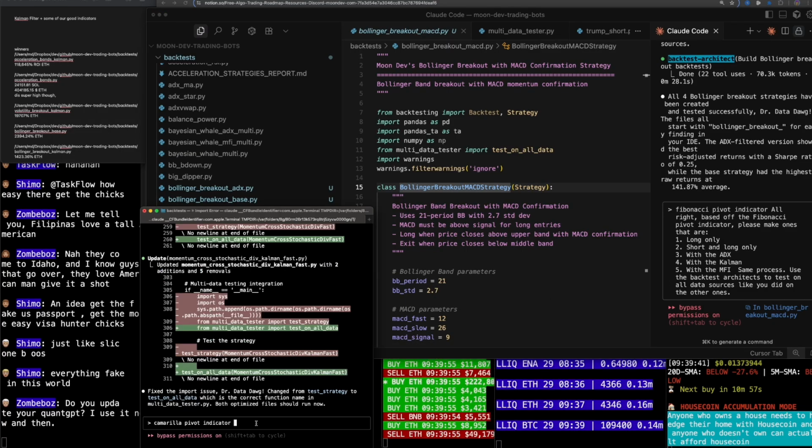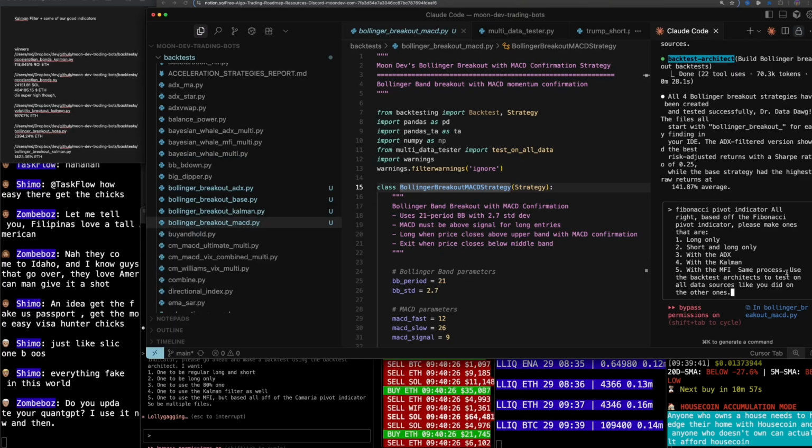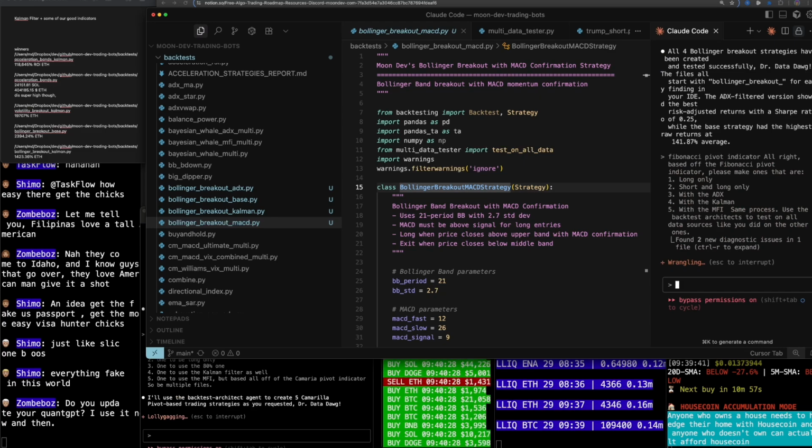All right, based on this Camarilla pivot indicator, please go ahead and make a backtest using the backtest architect. And I want one to be regular, long and short, one to be long only, one to use the ADX, one to use the Kalman filter as well, one to use the MFI, but based all off of the Camarilla pivot indicator. So it'll be multiple files. All right, so we got two new claudes going, testing like 5 different backtests each, which is sick.